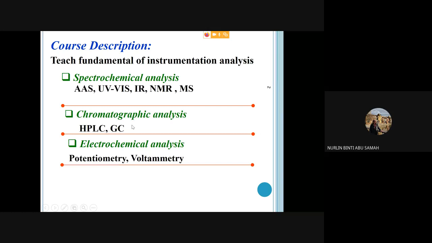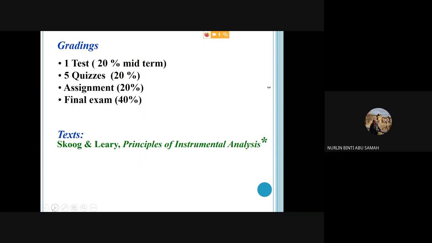For the chromatographic analysis, we have 2 main chromatographic techniques, which are liquid chromatography and gas chromatography. For the electrochemical analysis, we have potentiometry and also voltammetry.